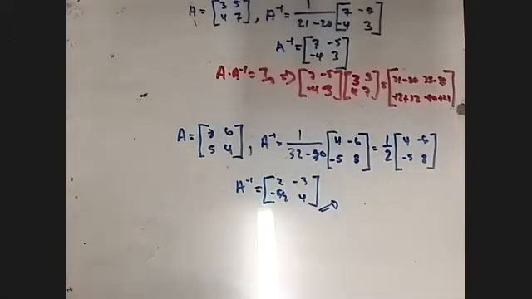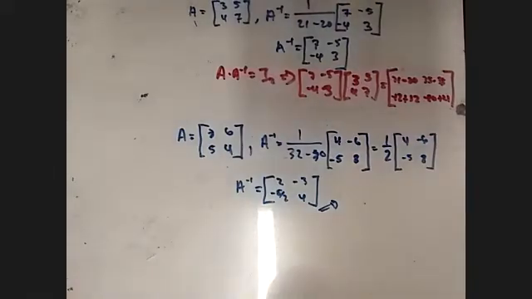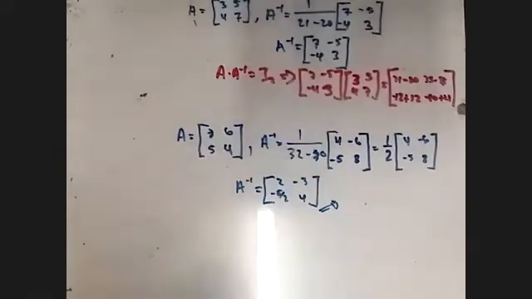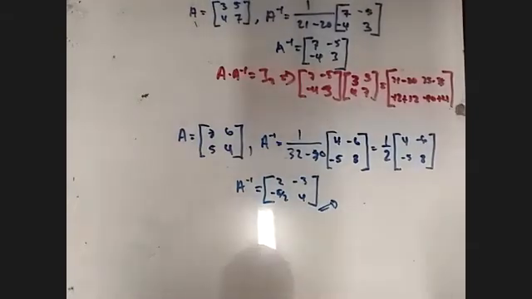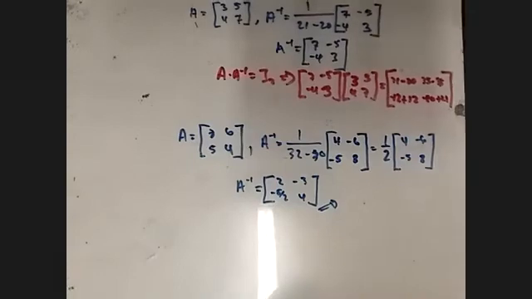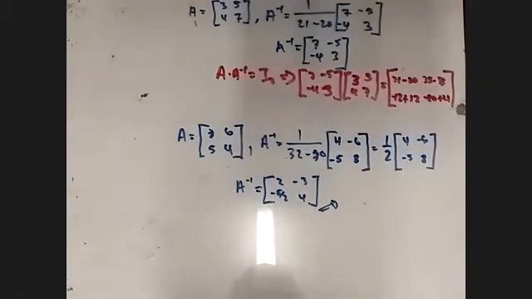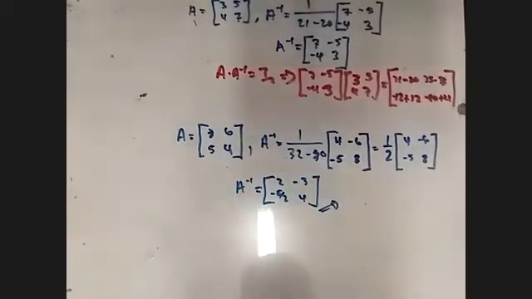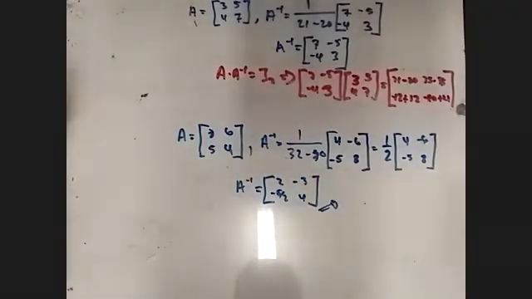Now there is a certain rule that we use, which we call the inverse using the adjoint or the transpose of a matrix. When I tell you about the adjoint and the transpose of a matrix, those things are there to make those long methods very short.